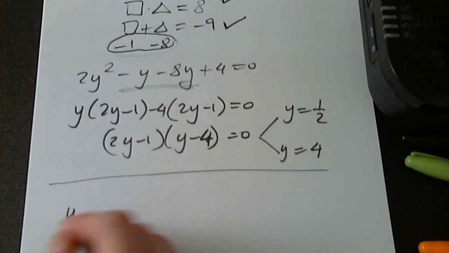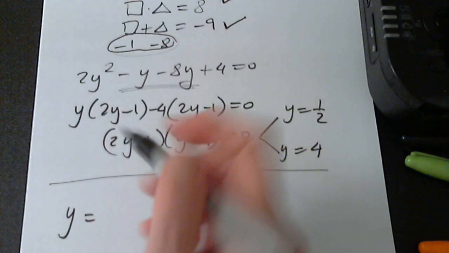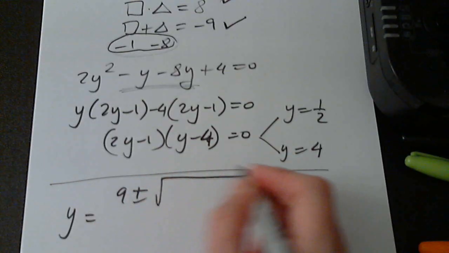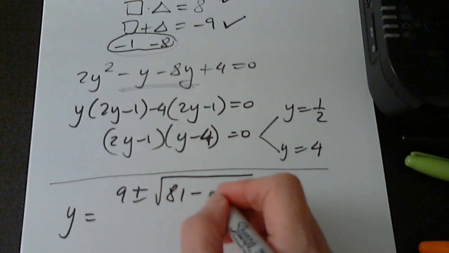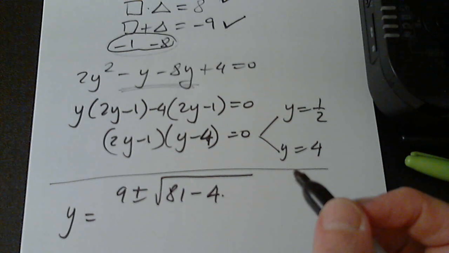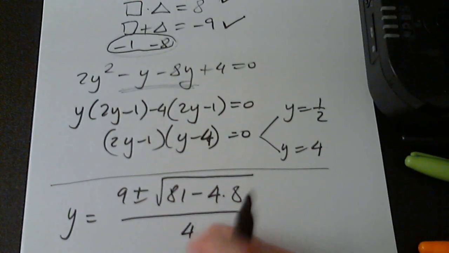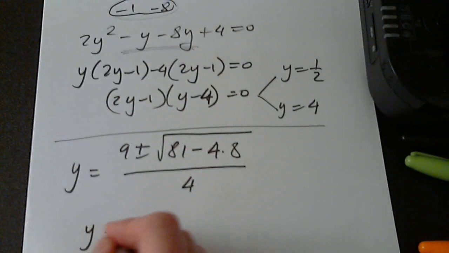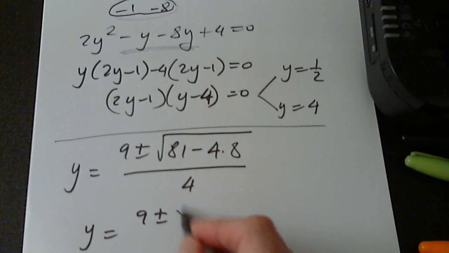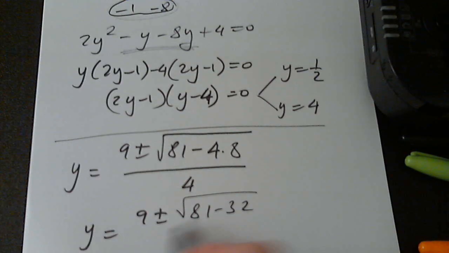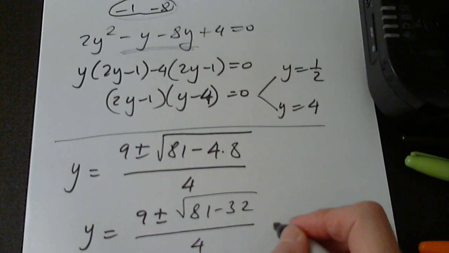So when you determine y is negative b plus or minus the square root of b² minus 4ac, which is 4 times 8, divided by 4. Solutions have to be the same: 9 plus or minus the square root of 81 minus 32, divided by 4.